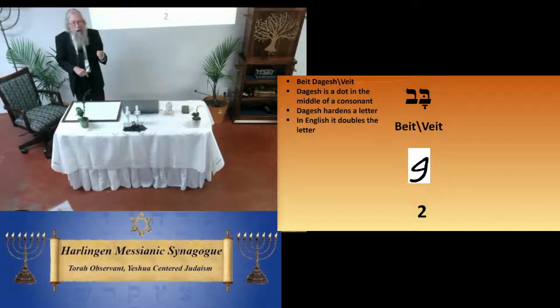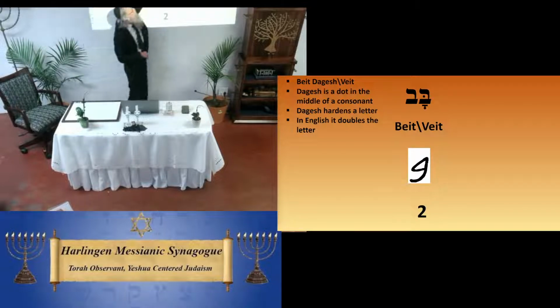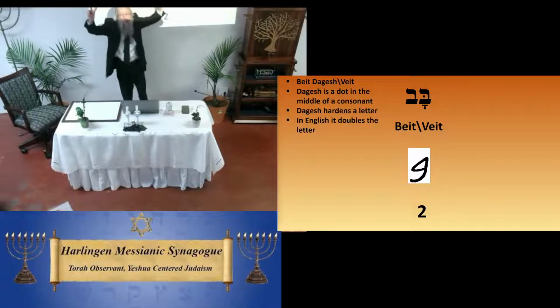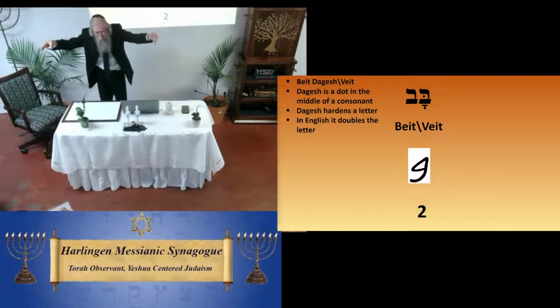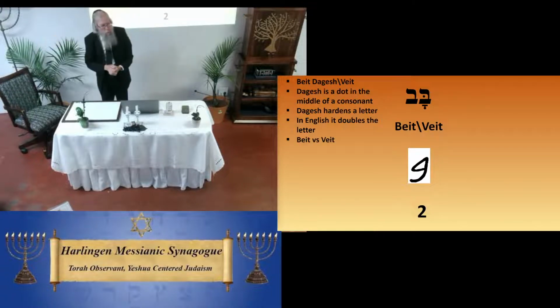But Sheva is a Shin Vet Tav. Vet, without the dagesh. Shavua. Sheva means 7. So Shabbat is the 7th. Seven days.